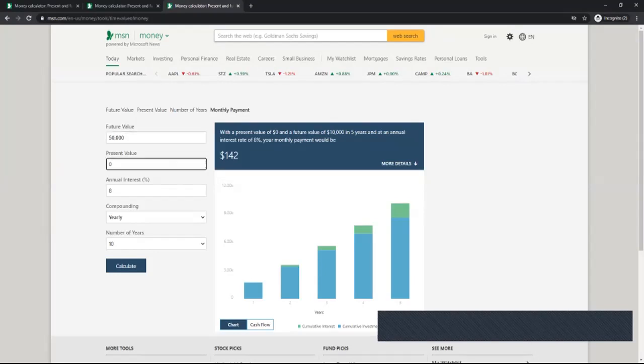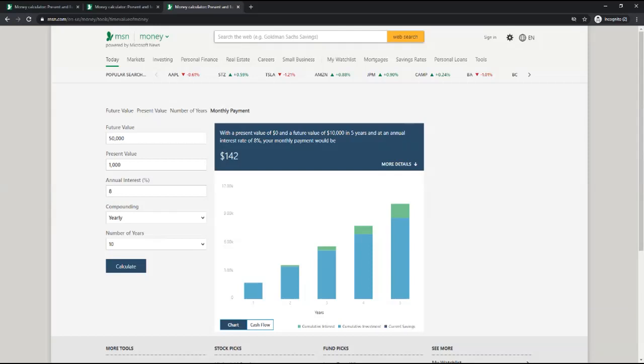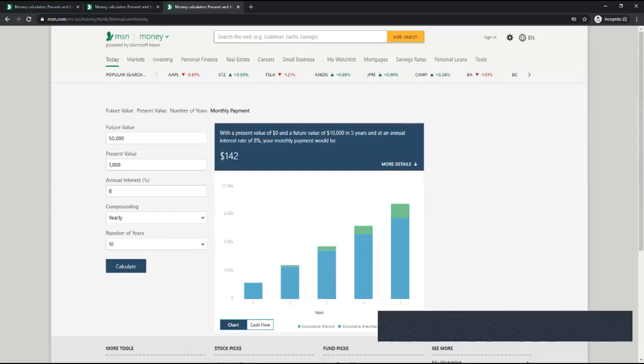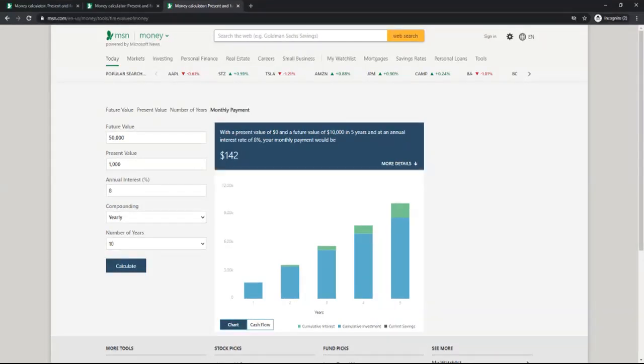And say you have $1,000 already invested and you're going to invest this in, say, a Vanguard 401k or a Fidelity IRA, and you're going to buy an index fund like VTI or SPY, an S&P 500 index fund, and say, just as an example, it's going to yield 10%.